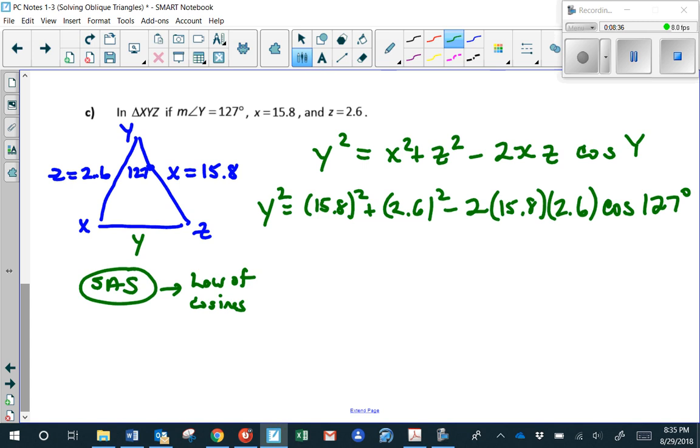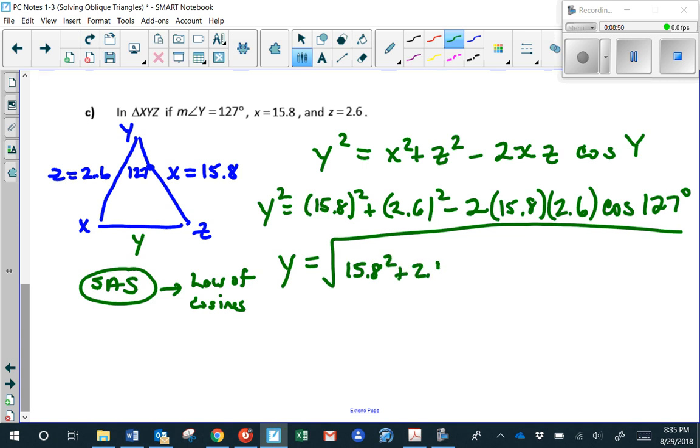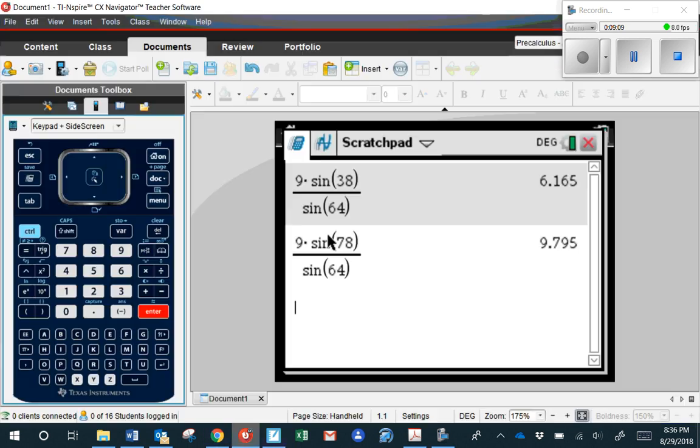In order to solve for y, all we need to do is to take a square root. So y is equal to the square root of 15.8 squared plus 2.6 squared minus 2 times 15.8 times 2.6 times the cosine of 127 degrees. We can actually put that entire calculation into the calculator.